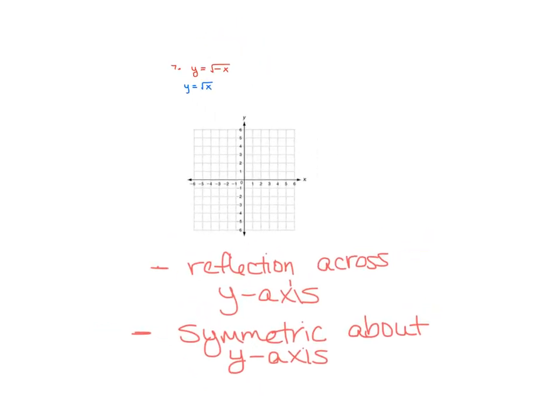Again, if you memorize the points, it's 0, 0, 1, 1 again, and then 4, 2. Because when you square root 4, you get 2. So the graph of the parent here looks like that. Again, it's a reflection, so it's going to be negative 1, 1, and then negative 4, 2. So it's a mirrored image when it's got a negative sign in there. It's a reflection.